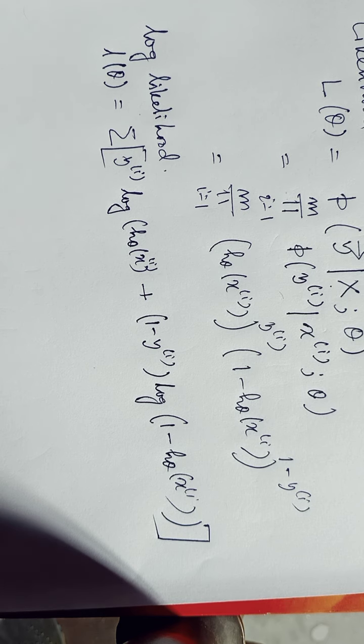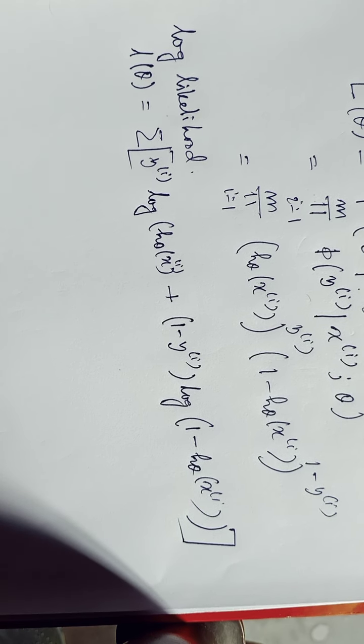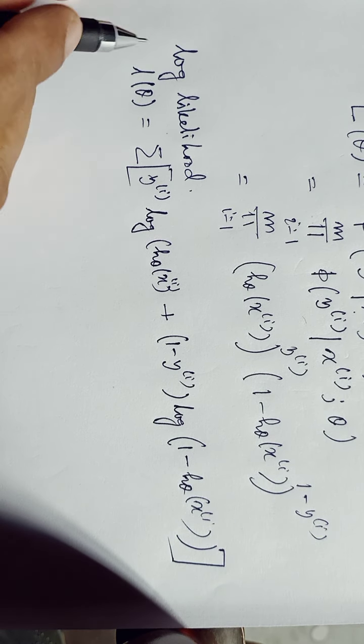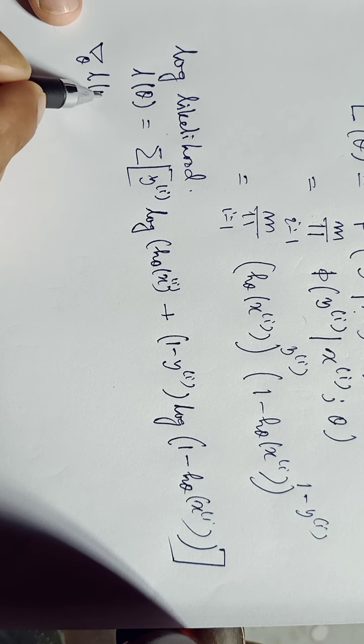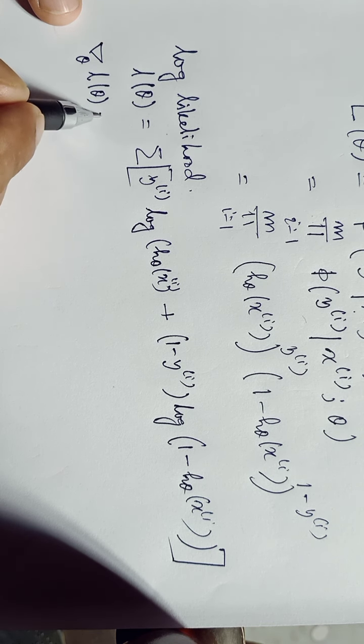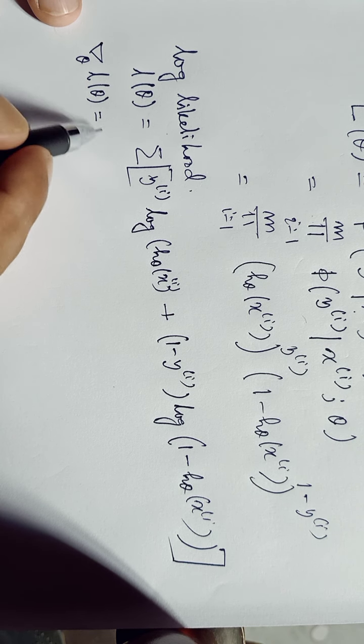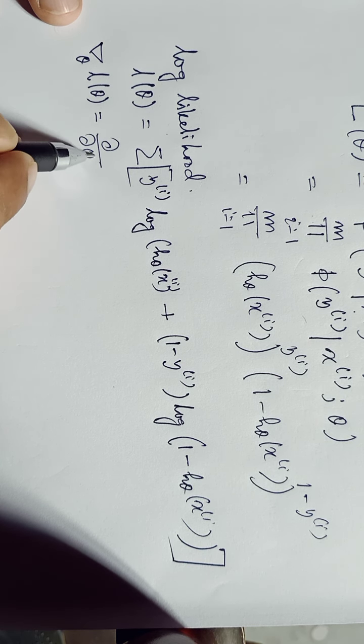Now we will apply the derivative, that is we will find the gradient of this. So we are finding the gradient of l theta, which is the derivative with respect to theta j.